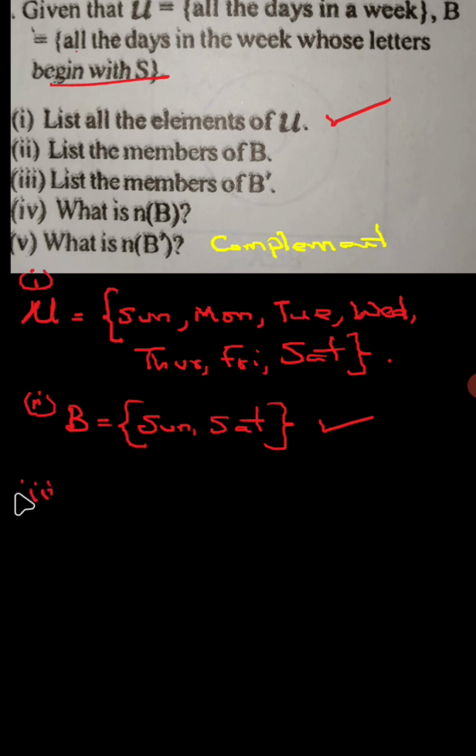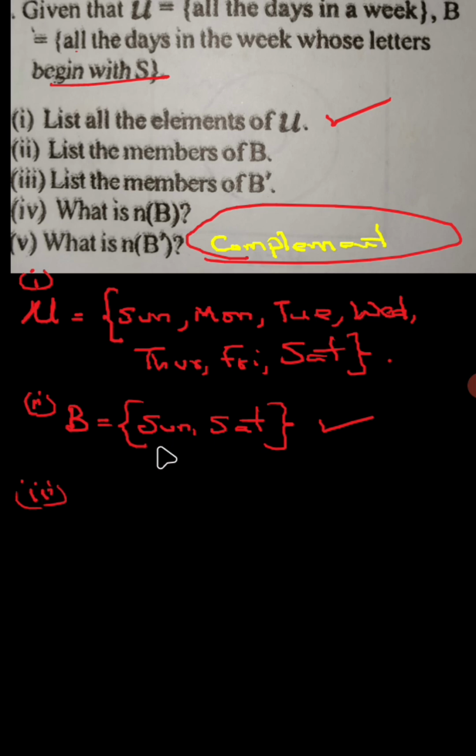Then 3, list the members of B prime, and B prime is what we call the complement of set B. And what is the complement of a set? The complement of a set is all the elements inside the universal set but not in that set. Listen to that again. All the elements inside the universal set and not in that set.